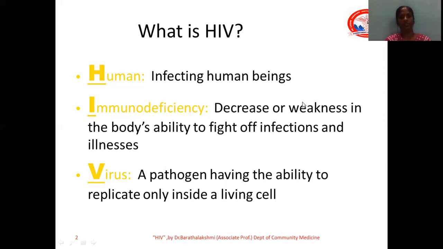Hence, immunodeficiency virus. Again, the pathogen is a virus. It's not a bacteria or fungus or a protozoa. Hence, it is called HIV, human immunodeficiency virus.